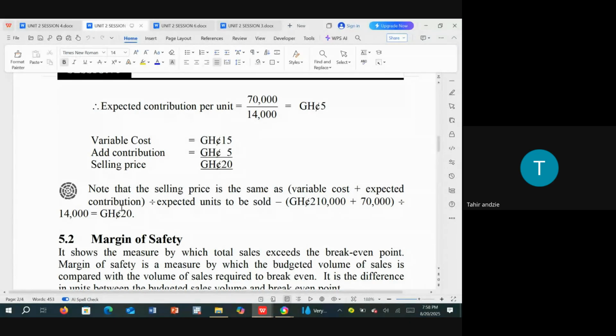So there are two ways of getting it, because we know that sales revenue is equal to variable costs plus fixed costs plus profit.